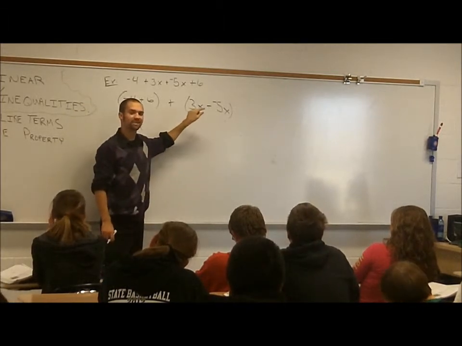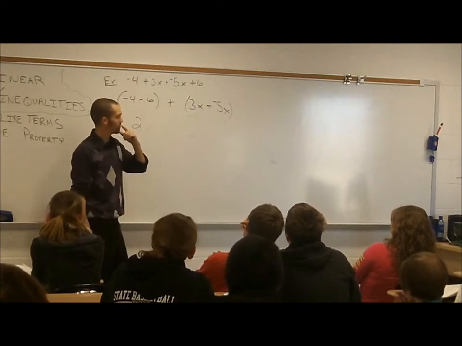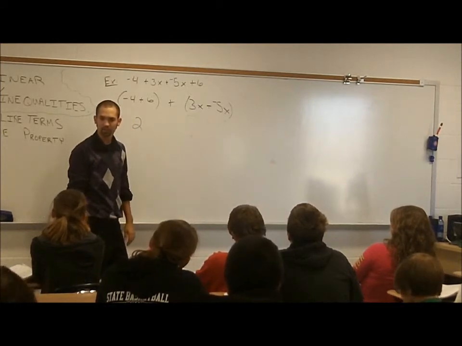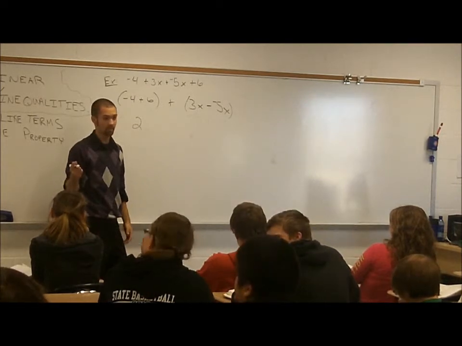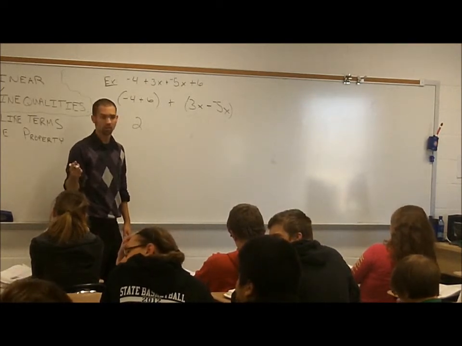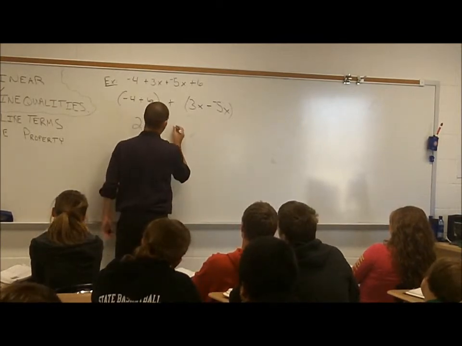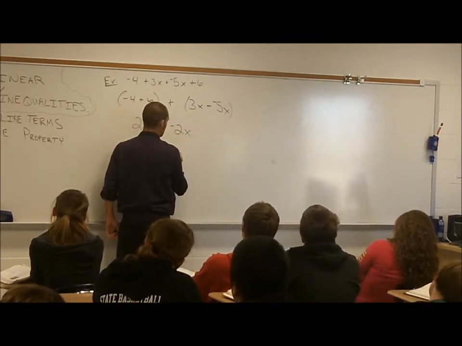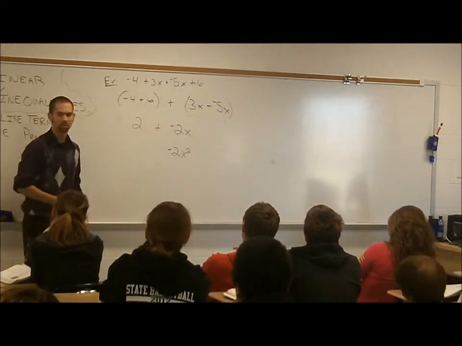How do I add those? What would you get for your answer there? -2x squared. Is it though? No. Why is it not -2x squared? So you guys are saying this should be -2x, but not -2x squared. Yes, because you're not multiplying them, you're adding.